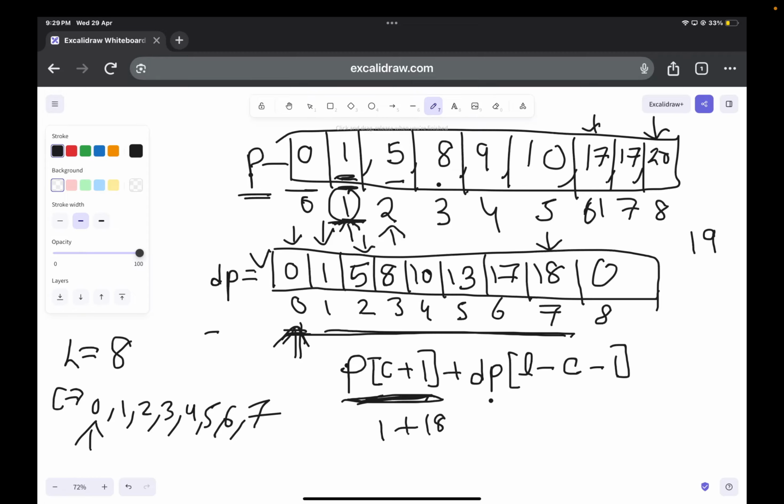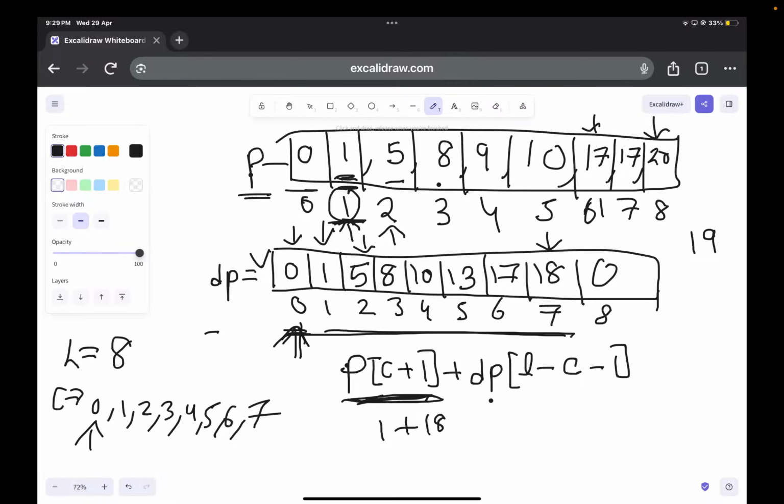Okay, 19. When you are finding 19, how are you finding 19? When you are cutting 8 into 1 plus 7, is it? No, is it 19? First of all, check it. I guess it is 18. So price of c plus 1 is 0 plus 1, price of 1 is 1.